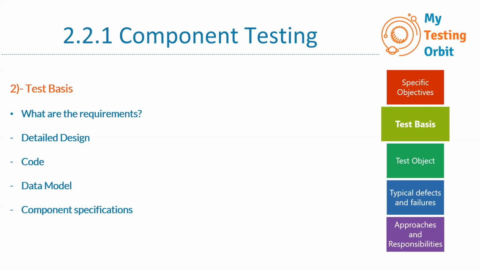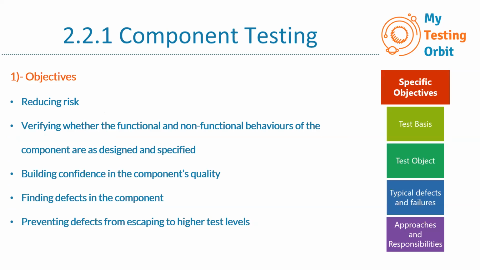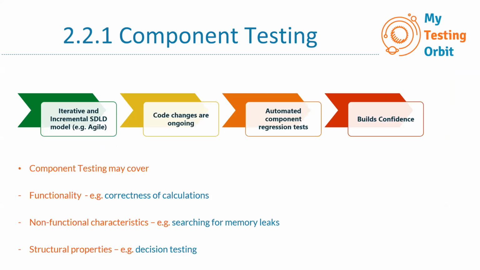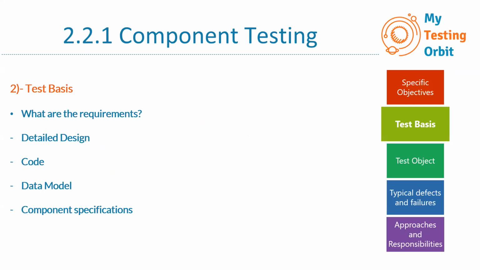What we are doing in component testing is comparing our code against the requirement, against the design. So detailed design is required as a requirement so that we can compare the code against it.